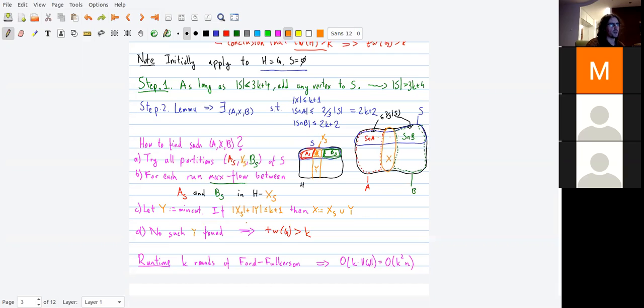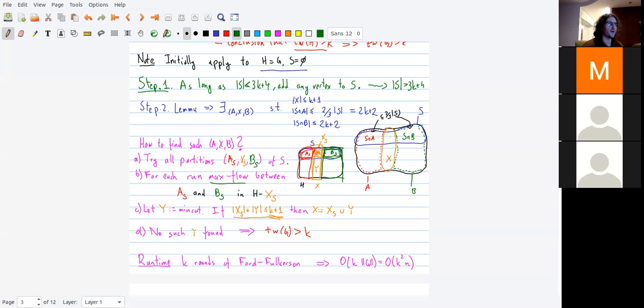So observe now that if my set Y is pretty small, together with my guess on what happens inside S, it has at most k plus 1 vertices, then I'm actually happy, because this whole thing is a separator X. The stuff reachable from A_S is a valid left side, and the part reachable from B_S is a valid right part.